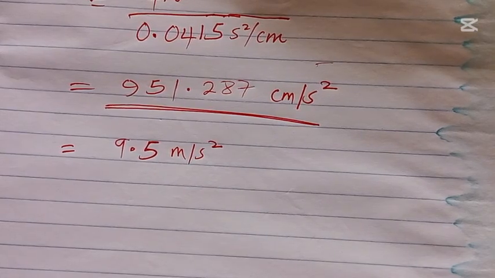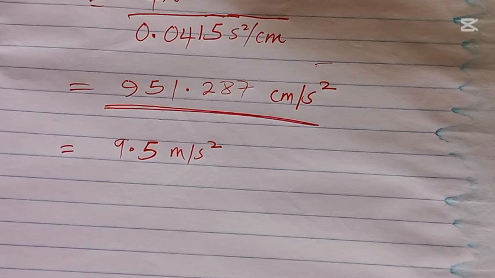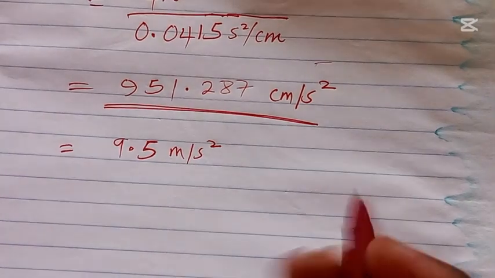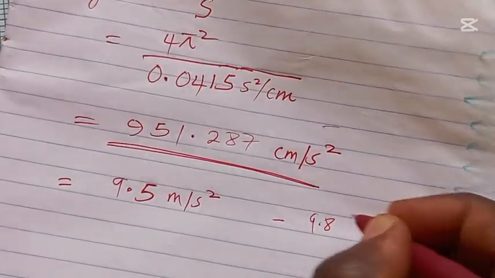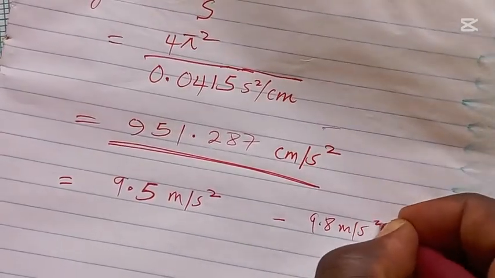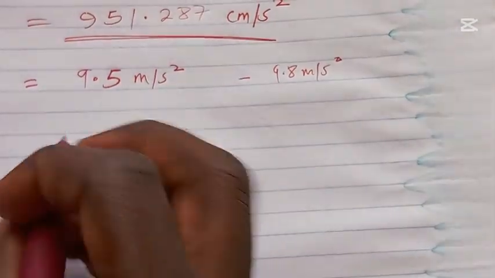I'm going to calculate my percentage error in g. Okay, g is approximately 9.8 meters per second square. But now I got this. So what is the error in calculating my g?